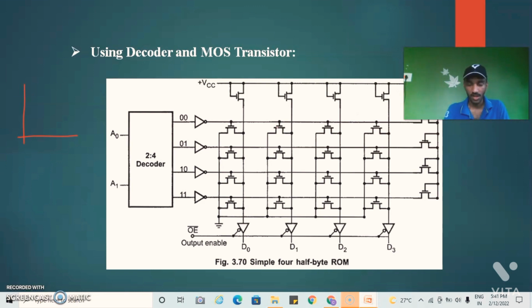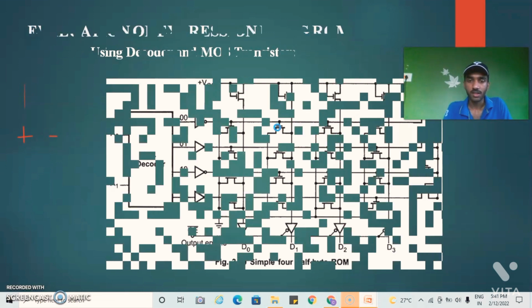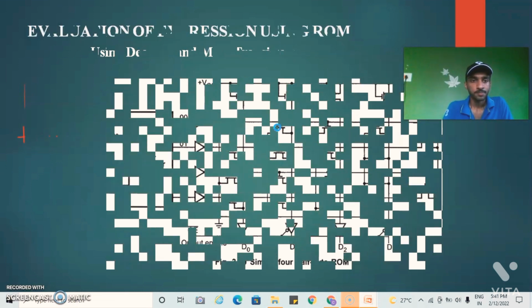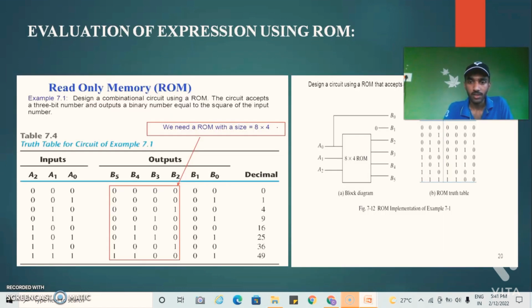My major concern is how we implement any given expression using ROM. So let's jump to the topic: evaluation of expressions using ROM. I explained that there are three architectural designs we can use to evaluate any expression.